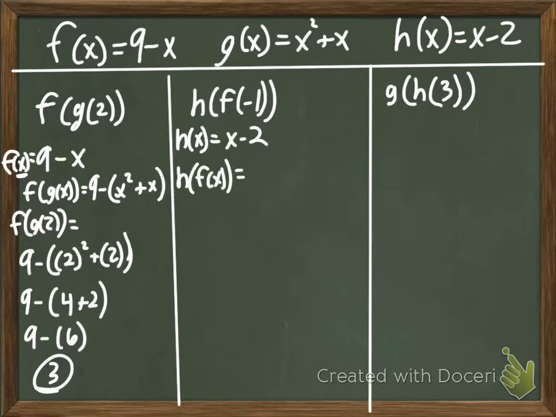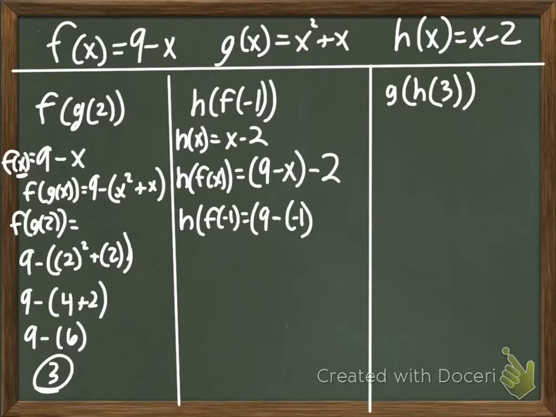So in place of x, in parentheses, we're going to put 9 minus x, minus 2. Now we're actually going to input that negative 1. So 9 minus, and don't forget to put this in parentheses, negative 1, minus 2. And it's important we put it in parentheses because we see there's a double negative.